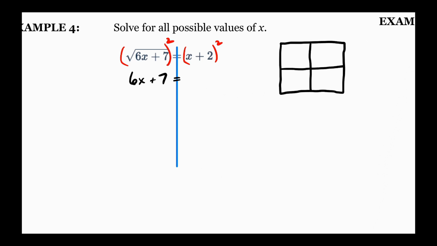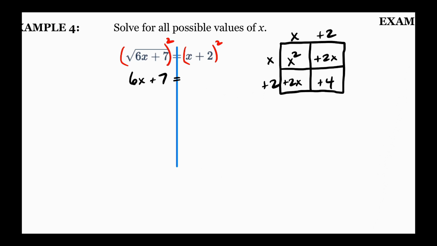Well, it's squared, so it's itself times itself. So you're going to have x plus 2 on the top and x plus 2 on the side. Okay, so we multiply, we got x squared plus 2x plus 2x, and then the last one's positive 4.